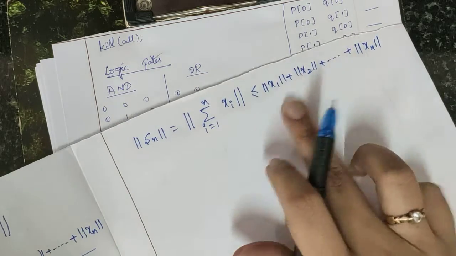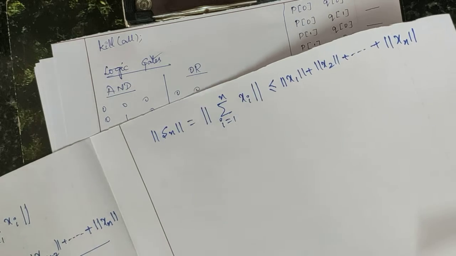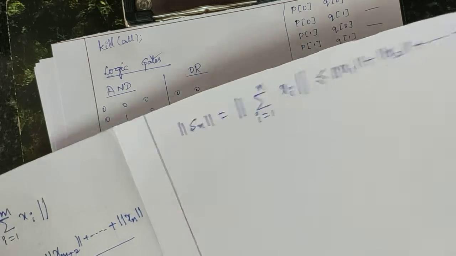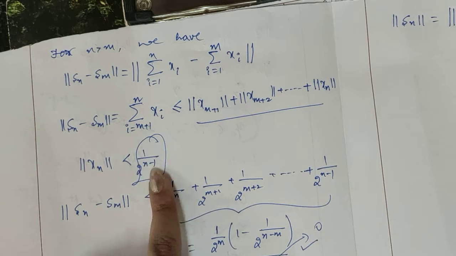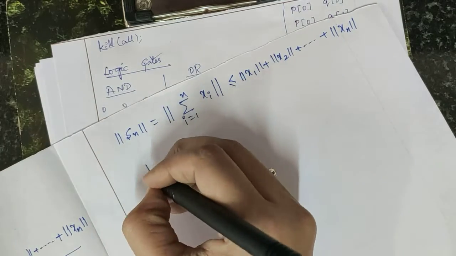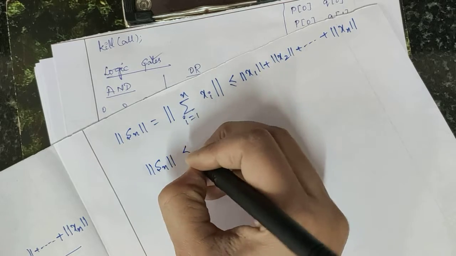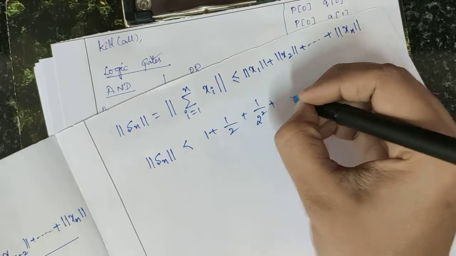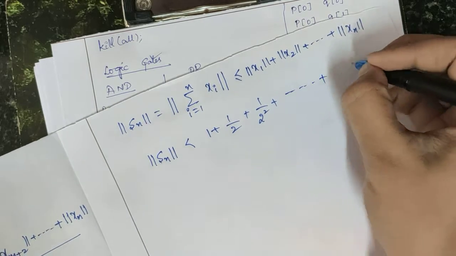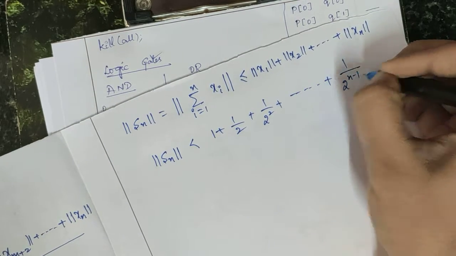So we know the value of norm xn. Norm xn is nothing but 1 by 2 power n minus 1. Using this, your norm Sn will be less than 1 plus 1 by 2 plus 1 by 2 square plus so on up to 1 by 2 power n minus 1.